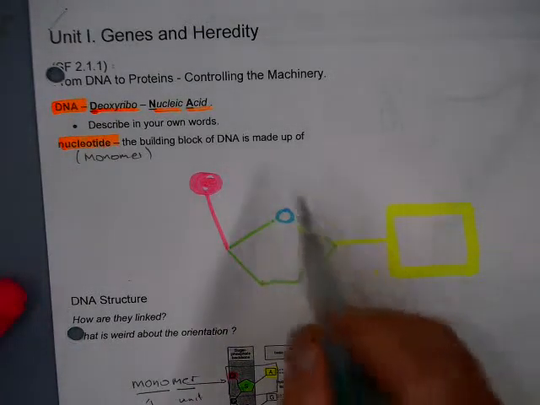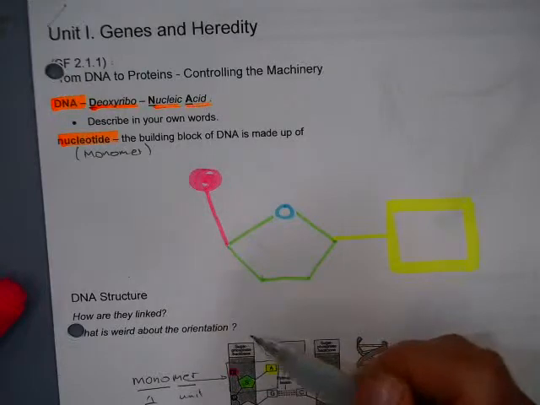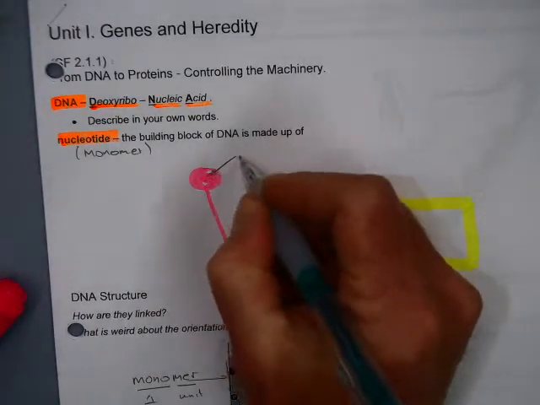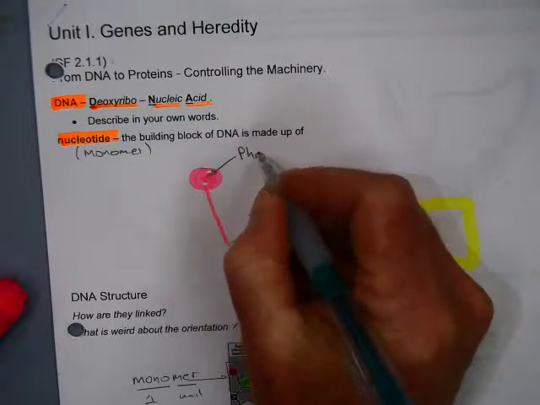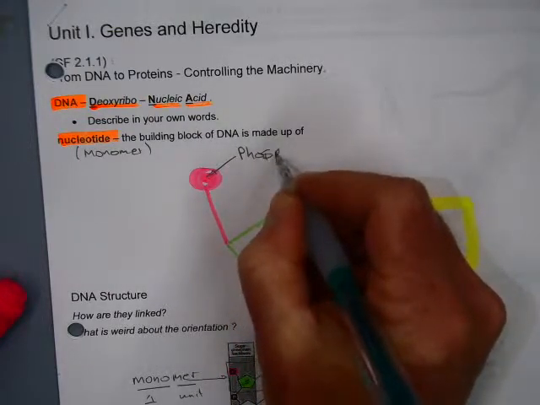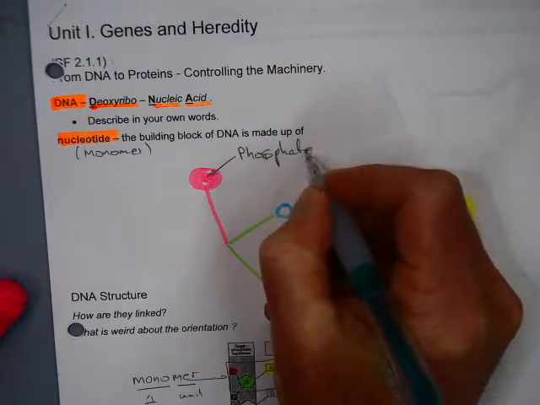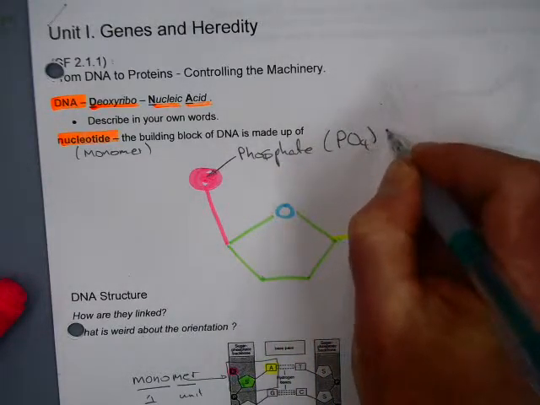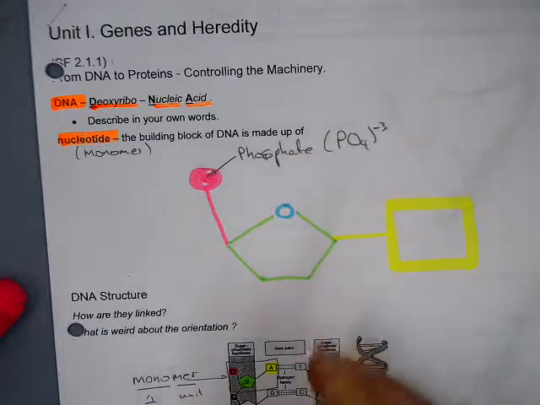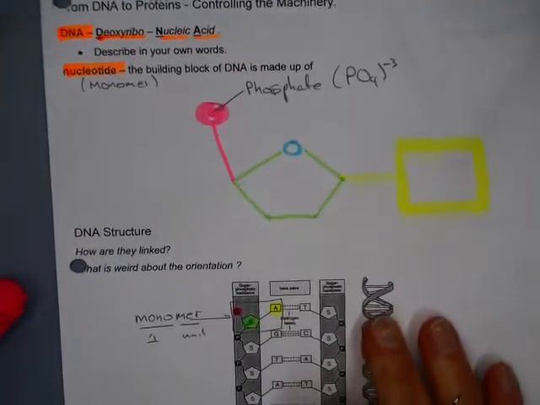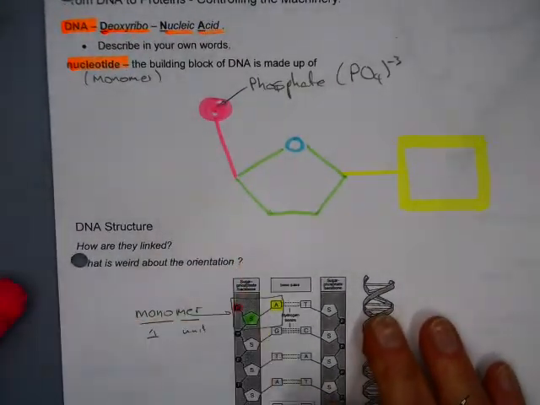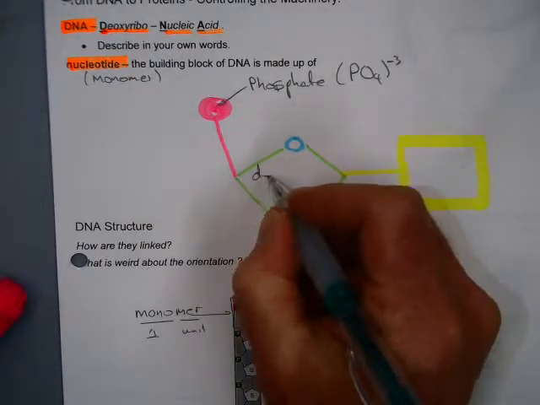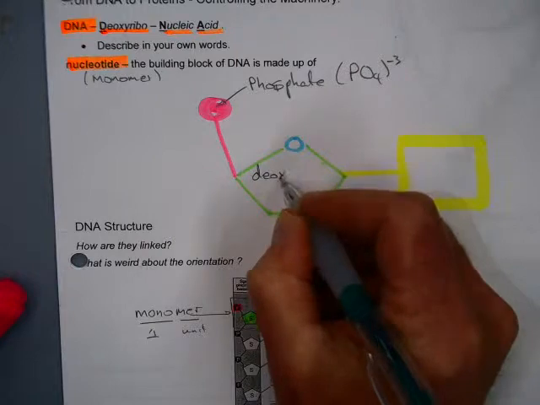So this guy here, which down below is a P, this is a phosphate. You guys have run into phosphates when you did chemistry. Phosphate, remember, is PO4, and has an overall charge of -3 on it. So that's what that is. This is a sugar. This, in fact, is the deoxyribose sugar.